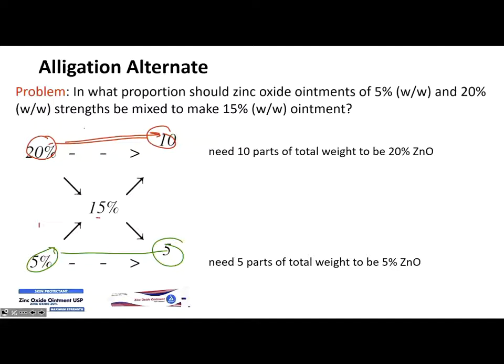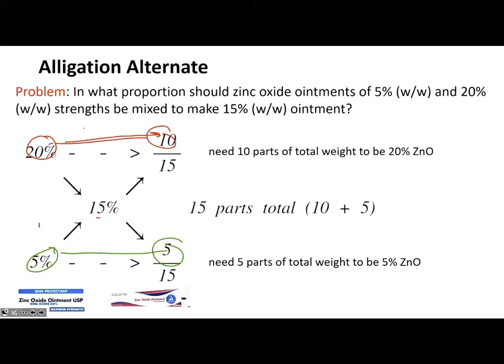All right. The last thing is, let's go back to the next step. The last step in terms of these proportions is you need to know 10 parts out of how many total. What are the total parts? If you have 10 parts from the 20% and 5 parts from the 5%, what's the total number? Just add them up. So it's 5 plus 10, would you agree? So when you add up the total number of parts and get 15 parts, what you need to do is divide. This is important. Use a different color.